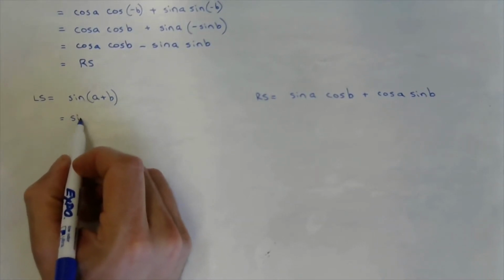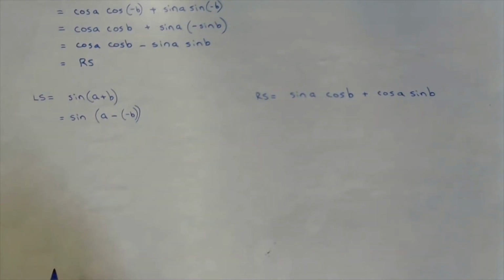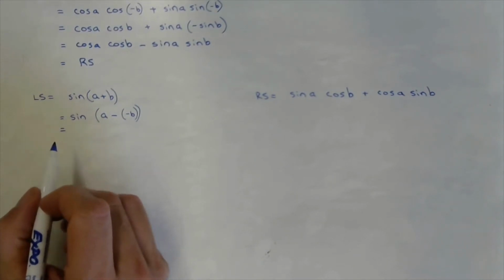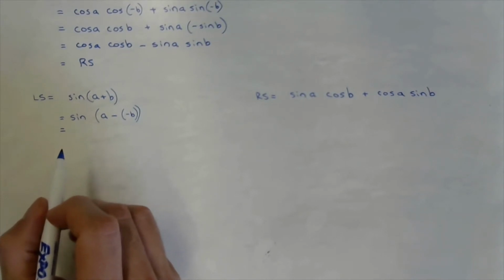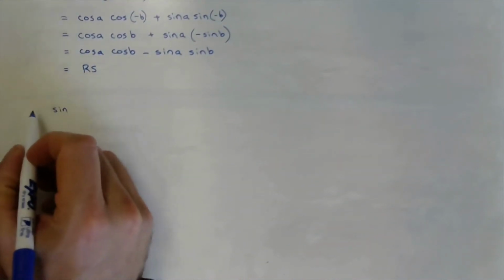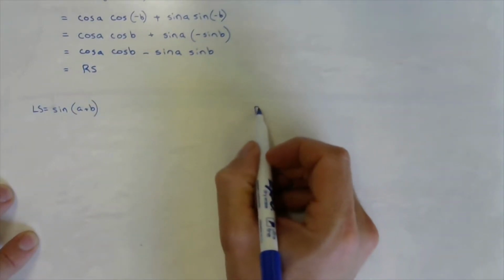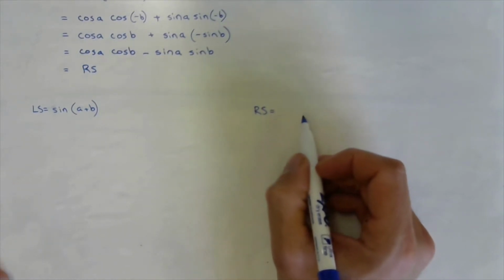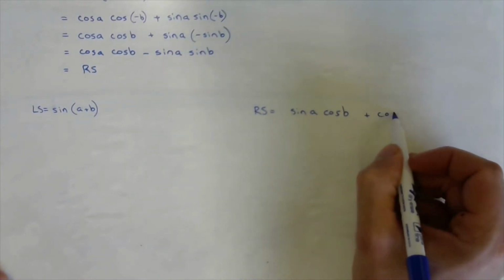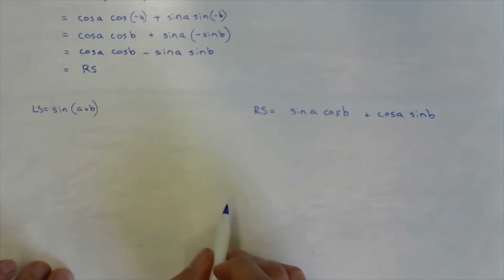We can rewrite that as the sine of A minus negative B. So we're taking our addition formula for sine on the left side and the other part of it on the right side, which is sin A cos B plus cos A sin B. And we are allowed to use our correlated angle formulas.